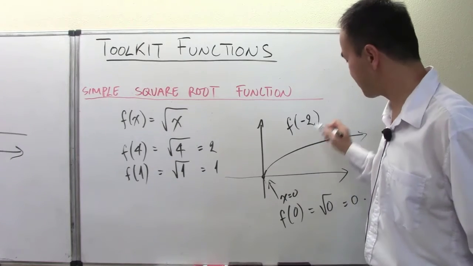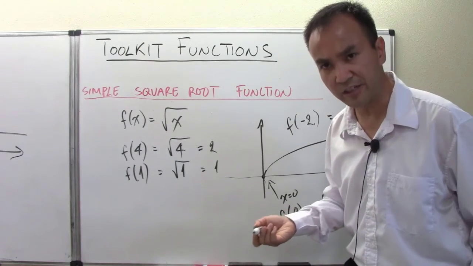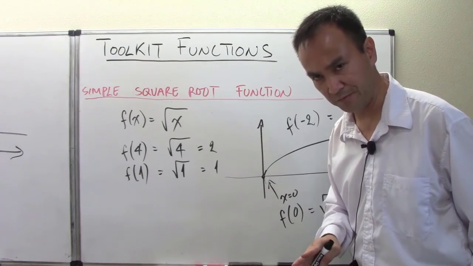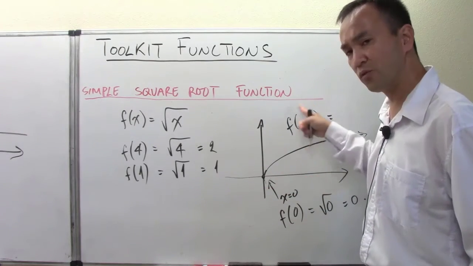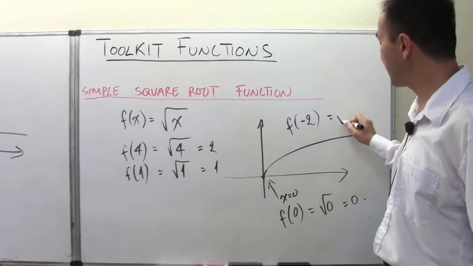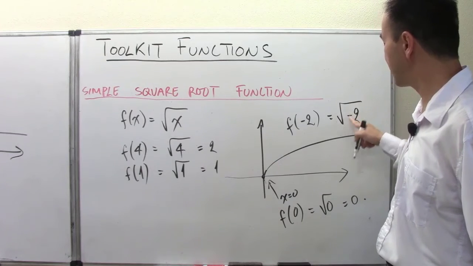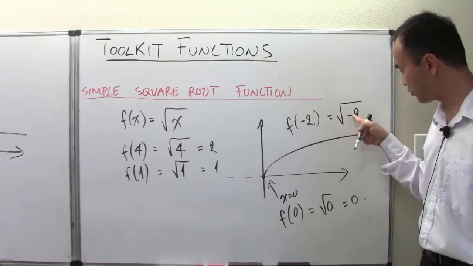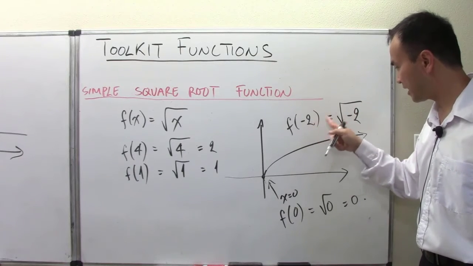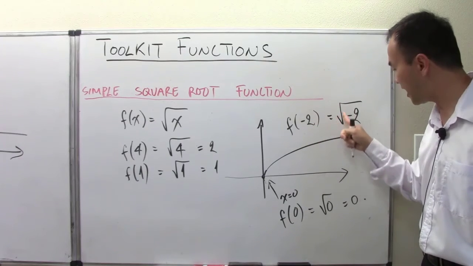And as I have mentioned already in some of the earlier lessons, when we're studying this course, we're only staying in the real numbers. So within the real numbers, we cannot take square root of a negative value. Well, the rule says we take the square root of the input, but in the way this function is defined, we cannot.